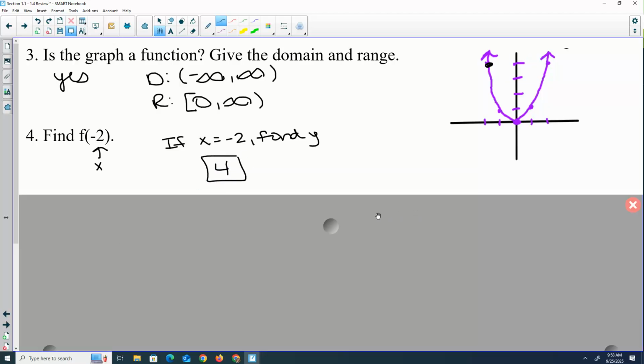If I said f of 1, what would that equal? 1. When x is 1, y is 1. If I said f of negative 1, what's that equal? Not negative 1. When the x is negative 1, the y is still positive 1. So you can evaluate functions from our graphs.